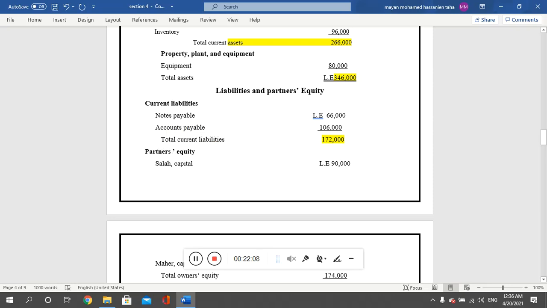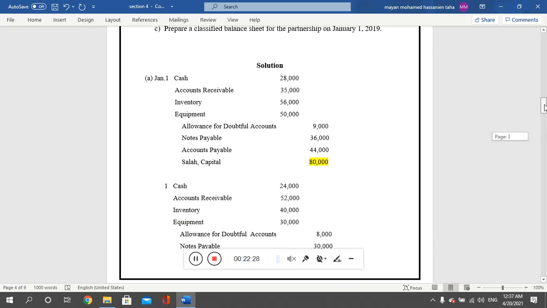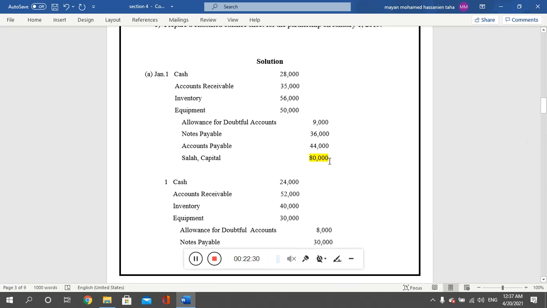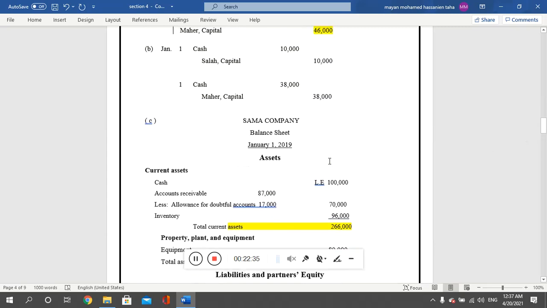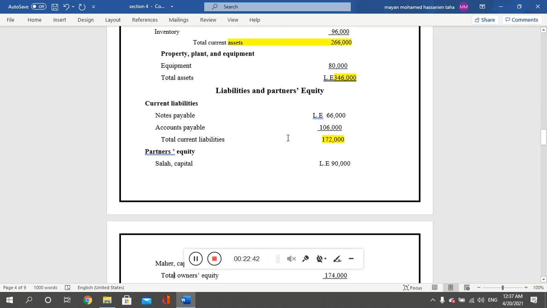We said that Salah will transfer assets, as we did in required number A, and his capital will be $80,000. The first journal entry that we made will transfer $80,000 to Salah's capital. Also, he will invest $10,000 cash, which will increase his capital by 10. So 80 plus 10 will be $90,000.